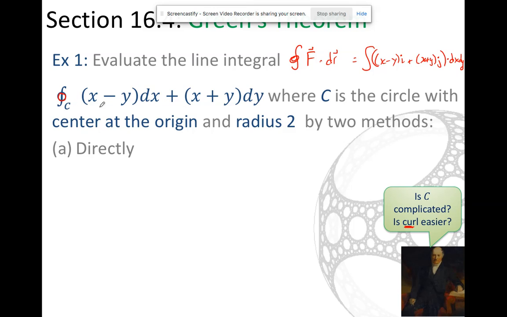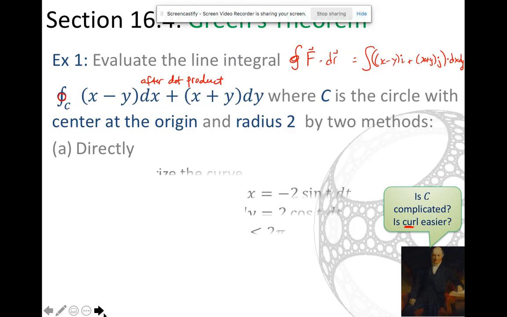So I did the dot product, and that's how I ended up with this, after the dot product. And my region is simple. It is just a circle, has a radius of 2.